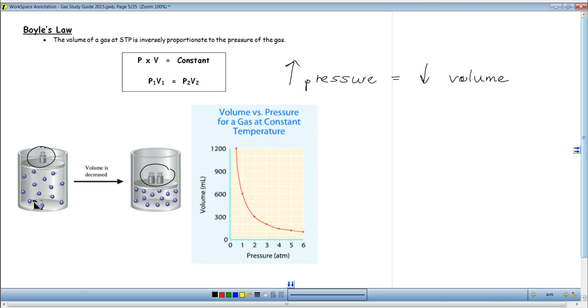So this might be kind of like my initial volume. We might call this V1. And here is my final volume, V2, with the increased pressure. It makes total sense if you really think about and visualize the behavior of gas particles in your mind.